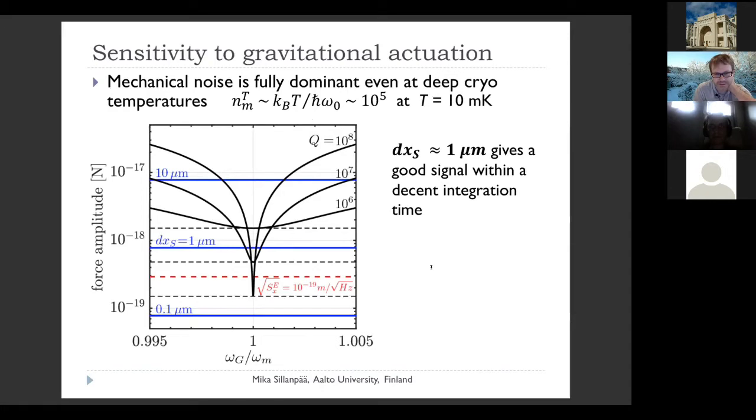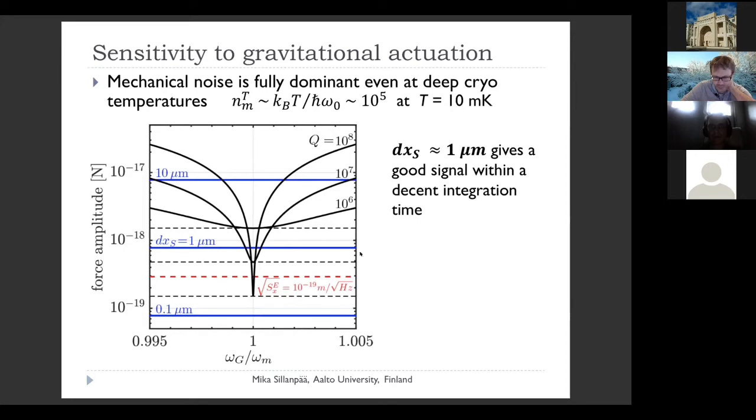So what one can see, this is the force amplitude, and this is the actuation frequency around the mechanical frequency. So these are the force amplitude or force sensitivity. It is the best, lowest on resonance. That's where the oscillator responds the best.